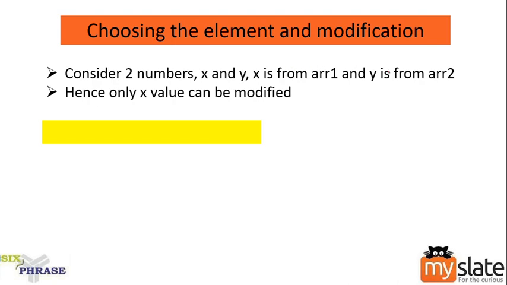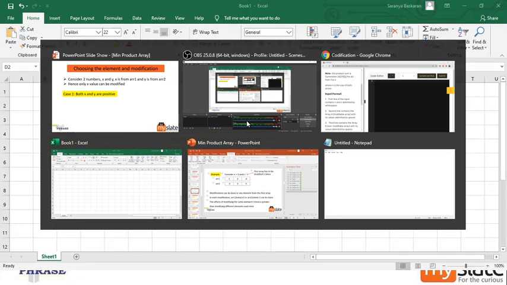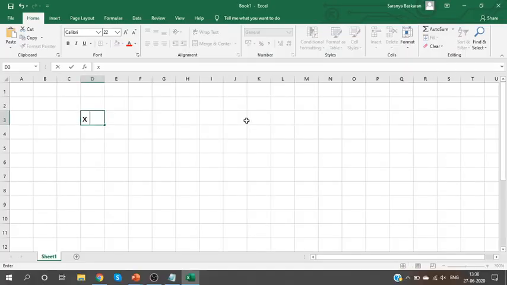Clear? So now let us consider the first scenario. Both x and y are positive. For example, let me consider x value is 2 and y value is 3. The y value is fixed guys, you can't change that. So the product is 6.